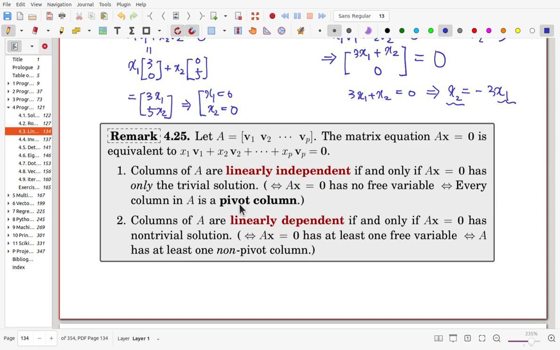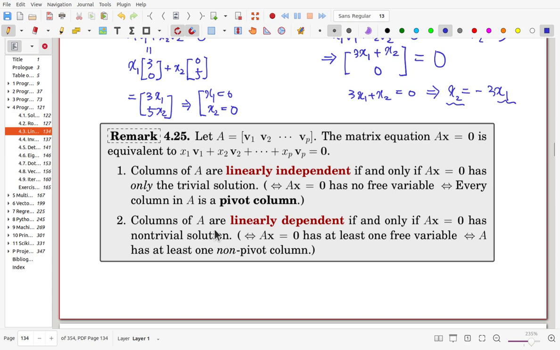A free variable comes from a non-pivot column, so if every column is a pivot column, then every variable is a basic variable, and there is no free variable.